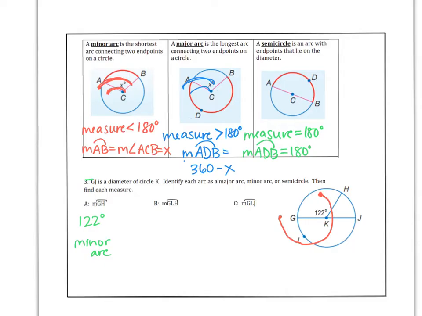It looks like it's more than halfway around the circle, so I would say that is a major arc. And if we want to find out how big it is, we know this part of the circle is 122 degrees, so it's the whole rest of the circle. So if we take 360 minus 122, we should get our answer, which in this case is 238 degrees.